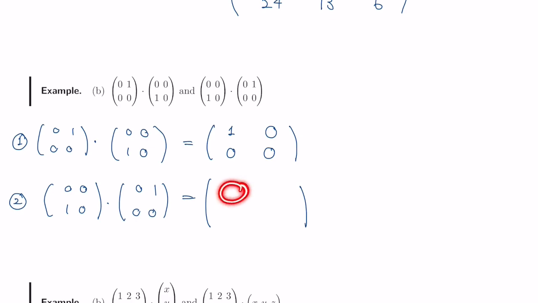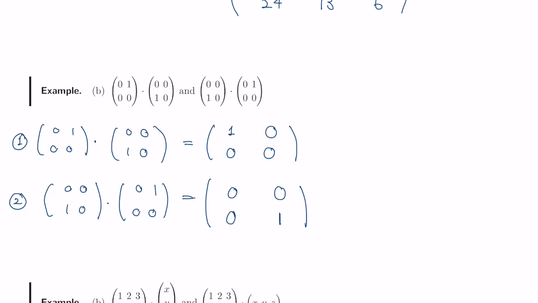So the 1,1 entry will be given by the first row, first column, dot product 0. First row, second column, dot product 0. Second row, first column, also 0. And finally, second row, second column, 1.